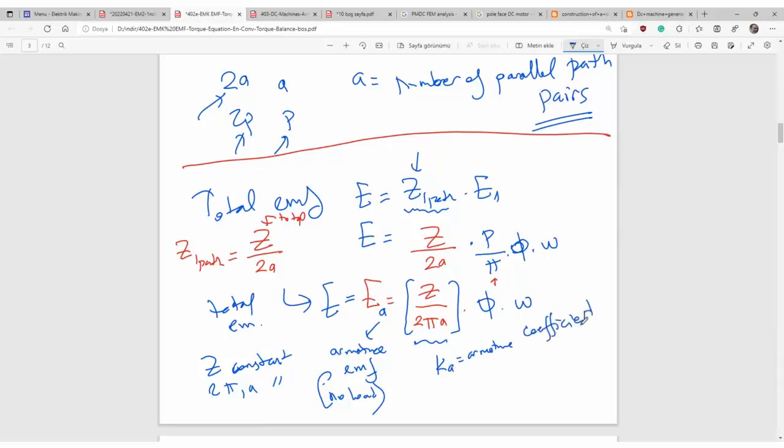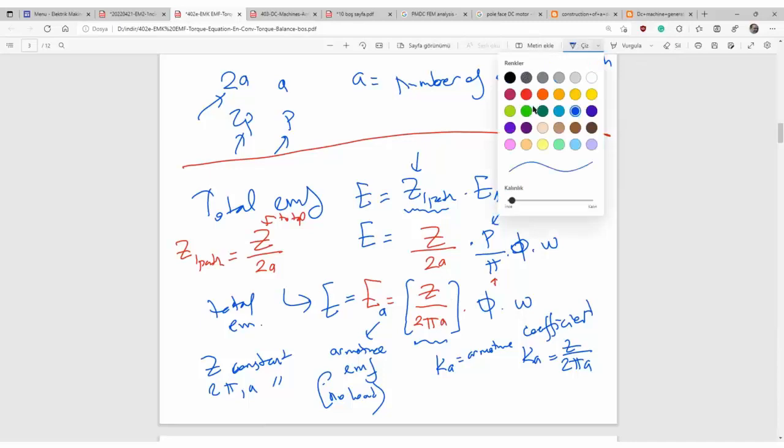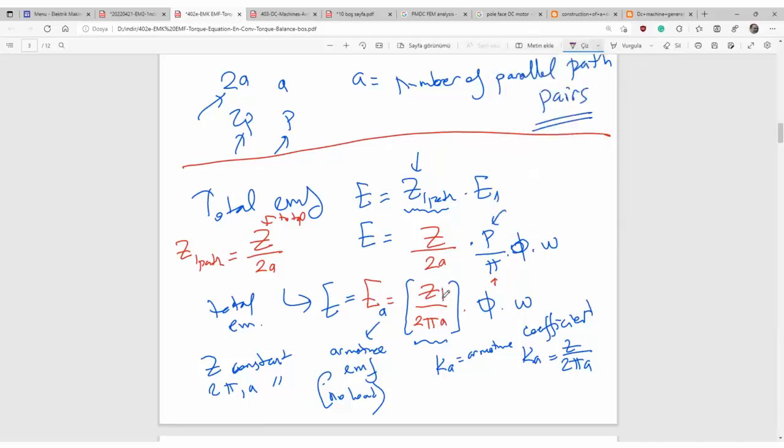And Ka is equal to Z over 2 pi A. Let me check if I am wrong. I can't memorize. Yes, here is something missed. The pole pair number must be here. So here's the pole pair number. Okay. That is the armature coefficient.